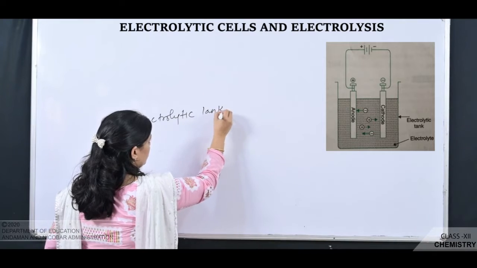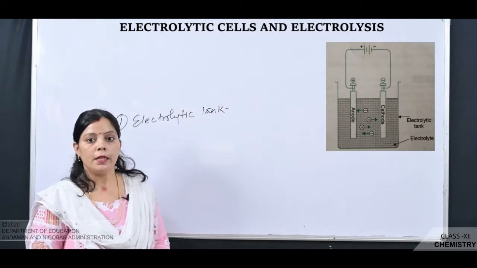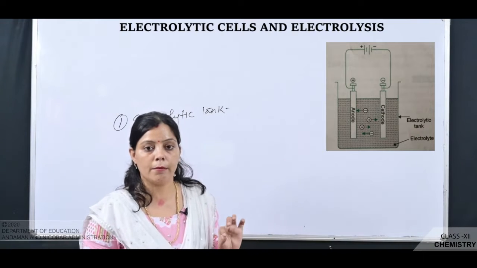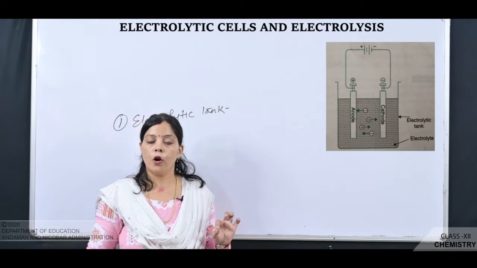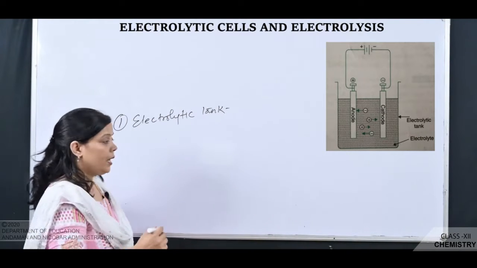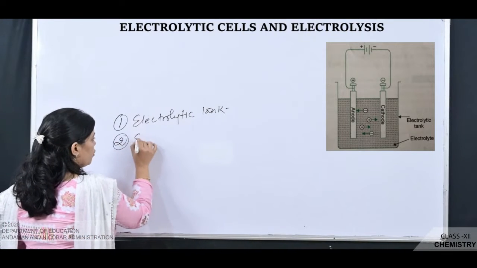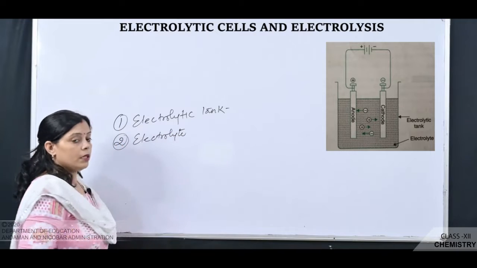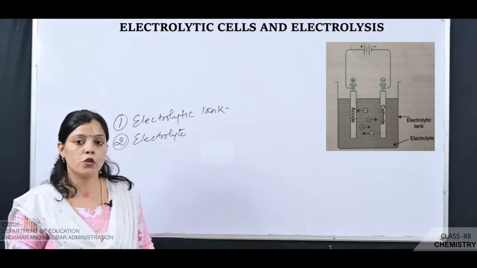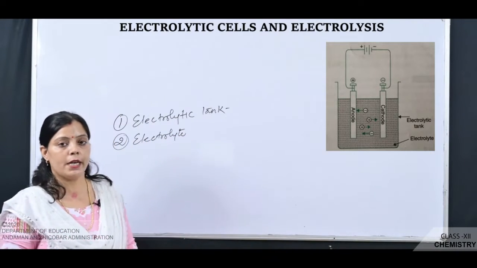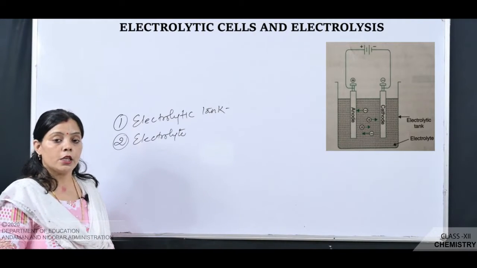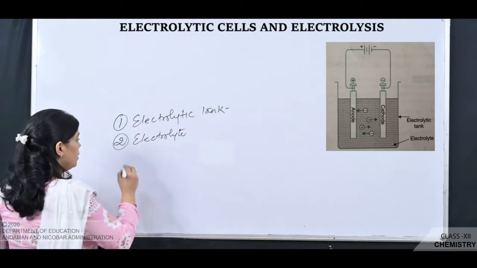You see in the picture that this electrolytic tank is made up of a non-conducting material like glass, wood or bakelite. Second, it consists of the electrolyte. The electrolyte in its dissolved state or molten state is present in the electrolytic cell. Third is the source of electricity.